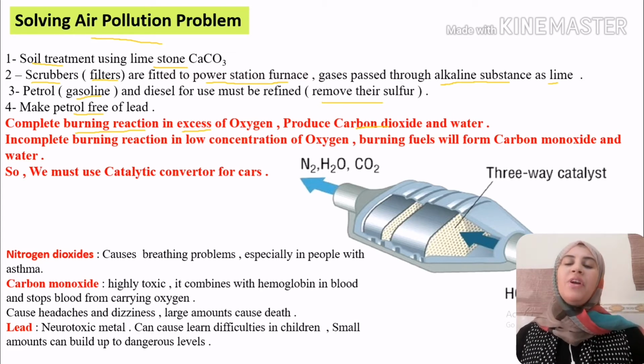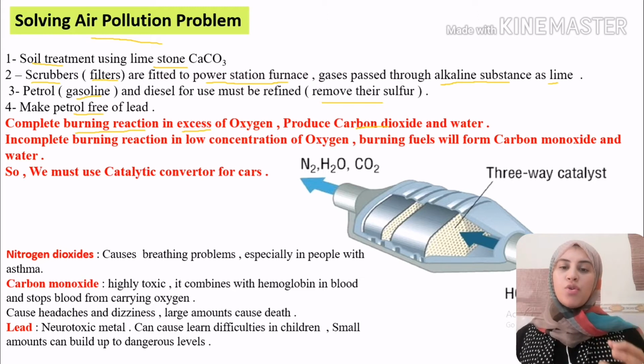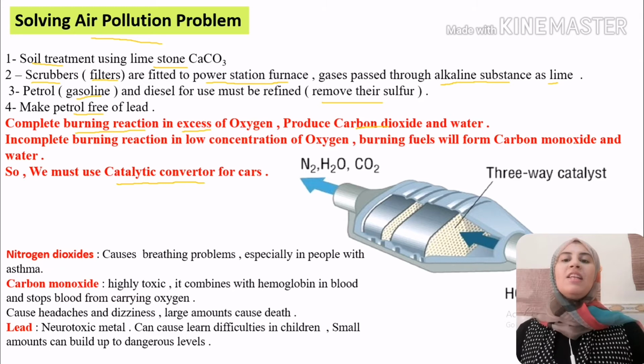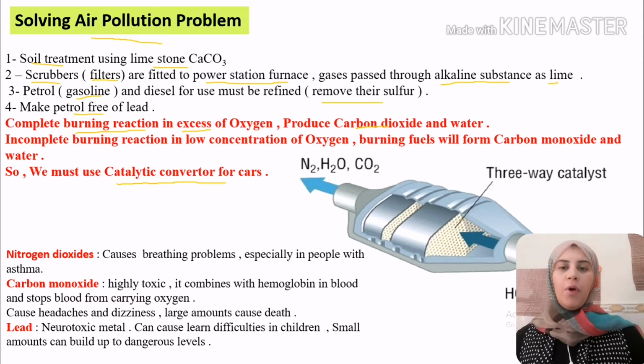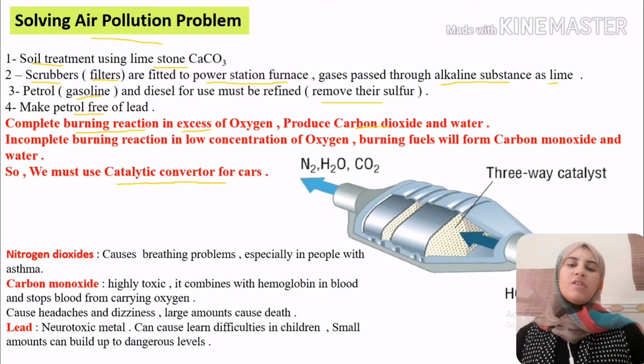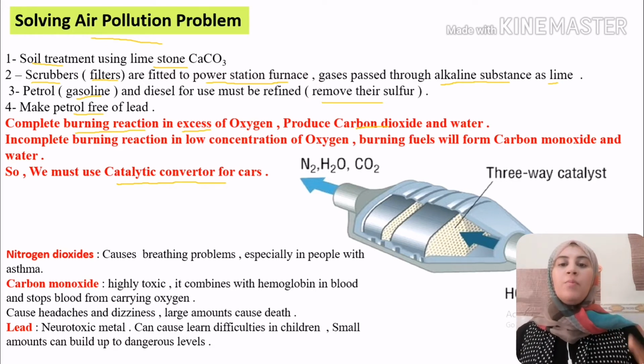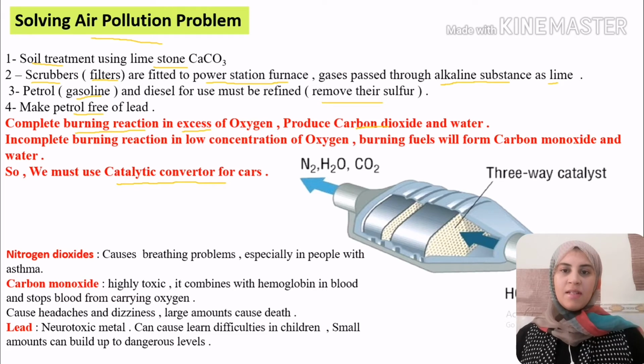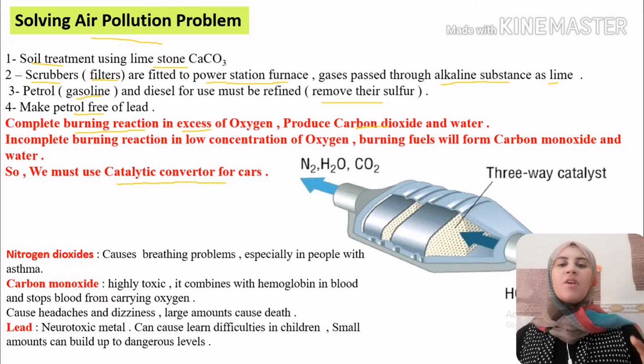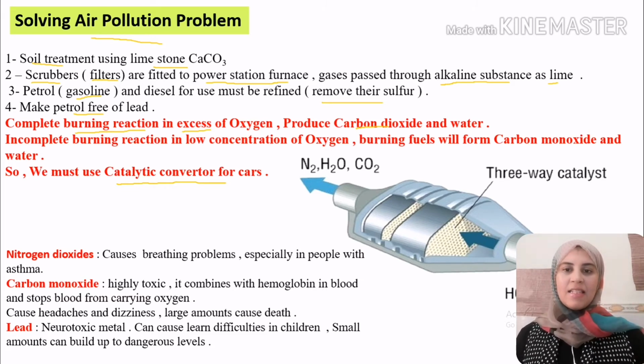Another very important way to solve the air pollution problem is to use the catalytic converter for cars. A catalytic converter is a type of apparatus we add to our car. Inside, it contains some transition elements, which act like catalysts.